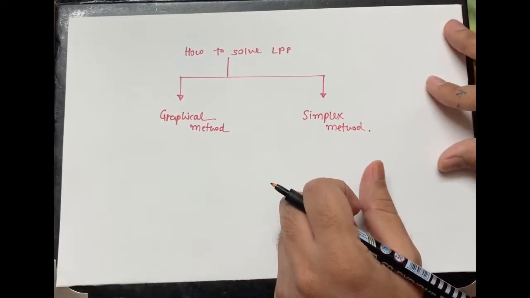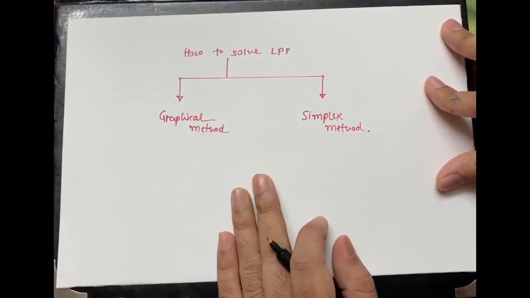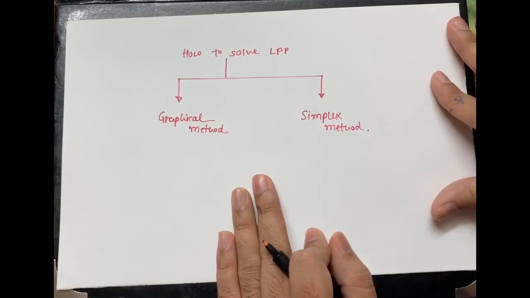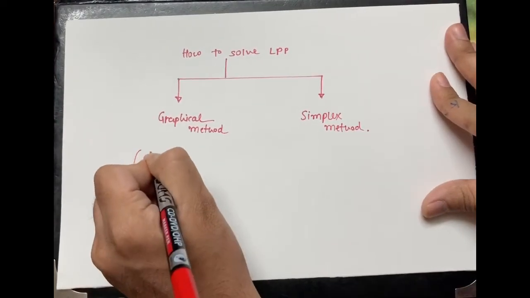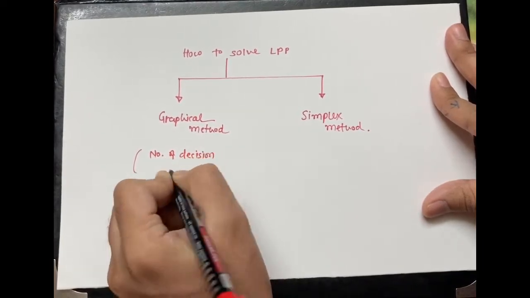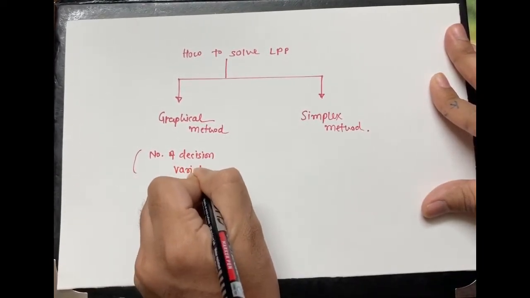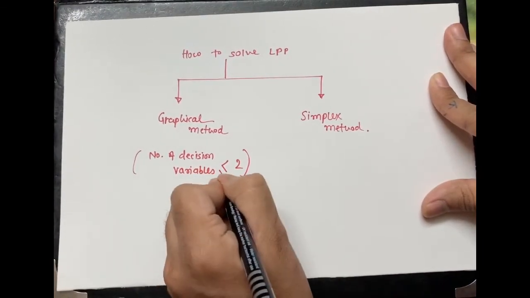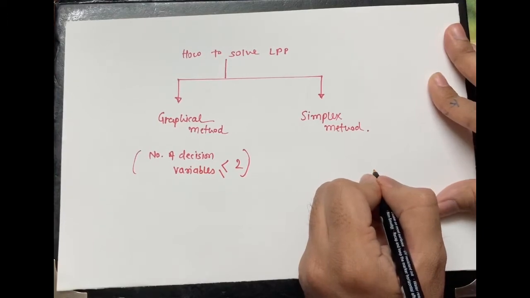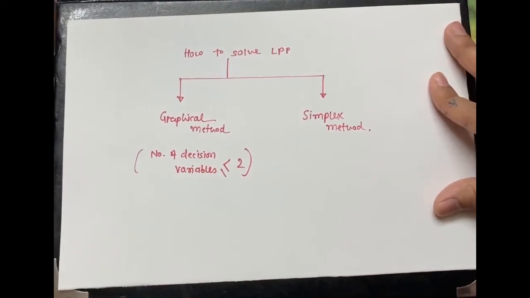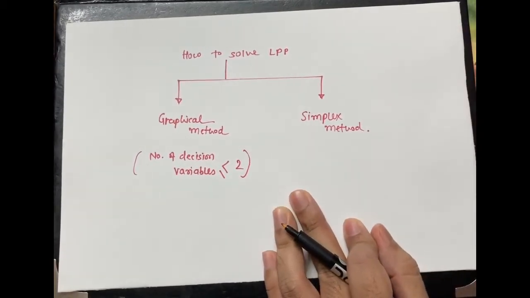These two methods are used in different categories. When the number of decision variables is less than or equal to 2, the graphical method should be used, because in a graph we have only two axes, the x-axis and y-axis.